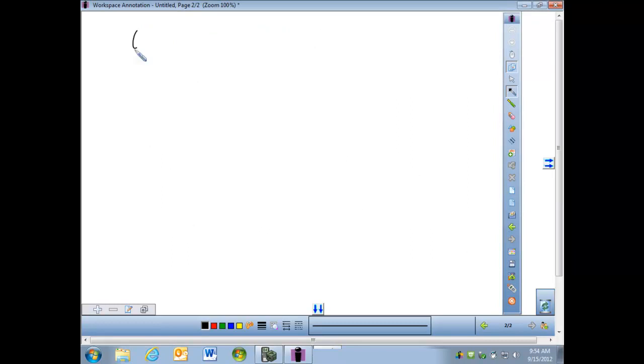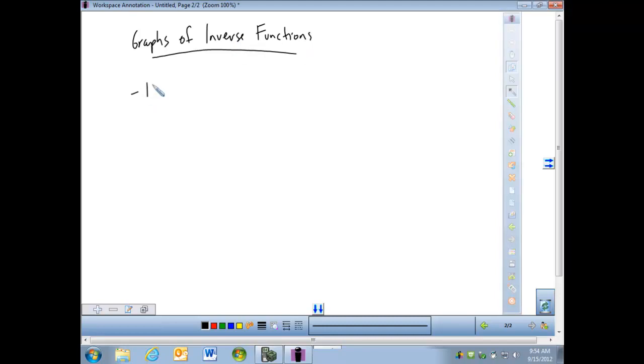So with that idea in mind, with that kind of working definition there, let's go ahead and take a look at what the graphs of these would look like. So if you're graphing inverse functions, what might you notice about them? What might you be able to see as you're working on them?